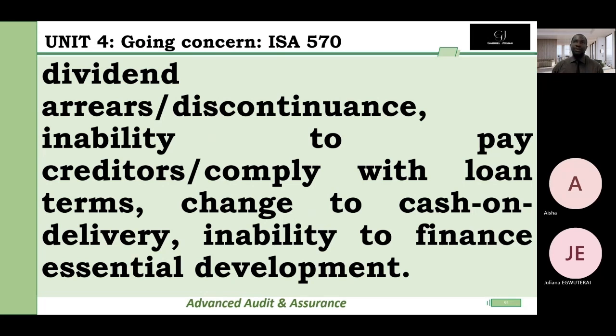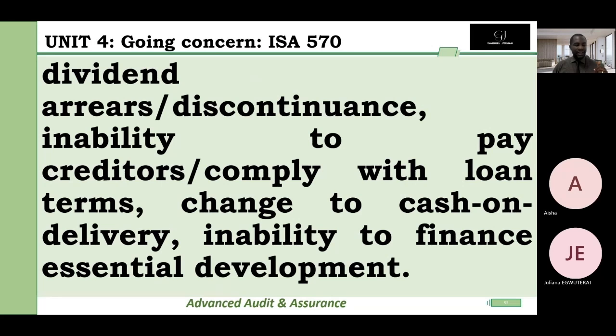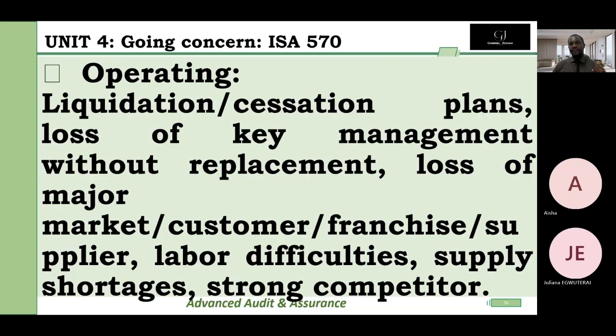Discontinuance of some major plans and operations, inability to pay creditors, inability to meet long-term obligations. So these are all indicators that the company is bedeviled by going concern issues. Change to cash on delivery, inability to finance essential development. These are all indicators and red flags we need to attend to.